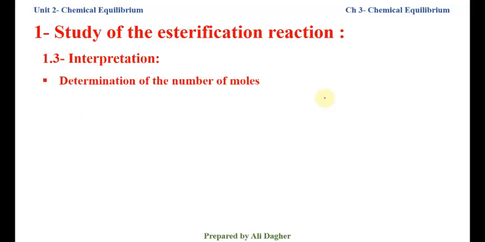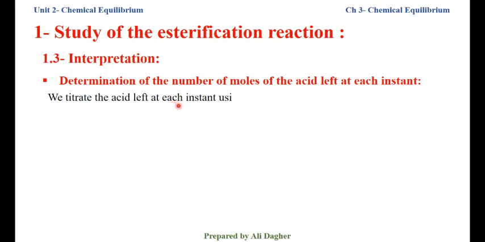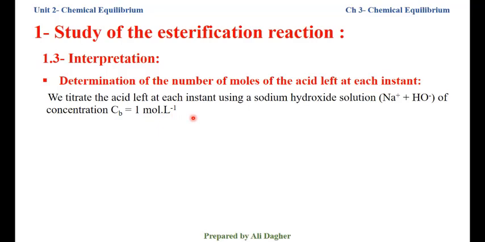Now, determination of the number of moles of acid left at each instant. We titrate the acid left at each instant using a sodium hydroxide solution of concentration Cb equal 1 mole per liter.